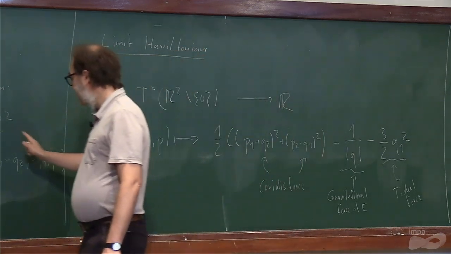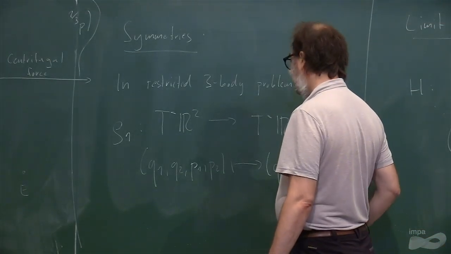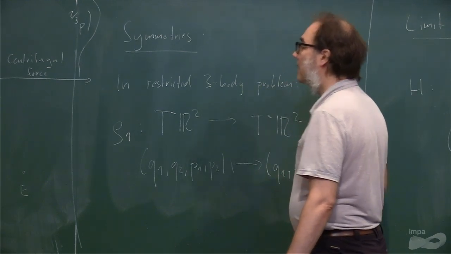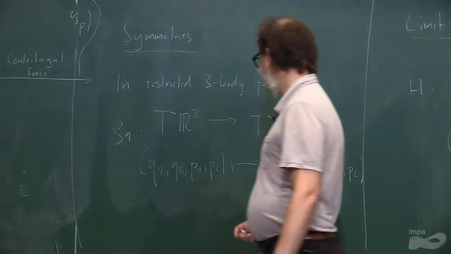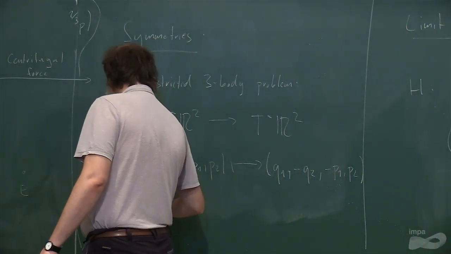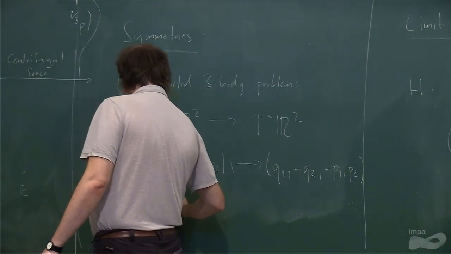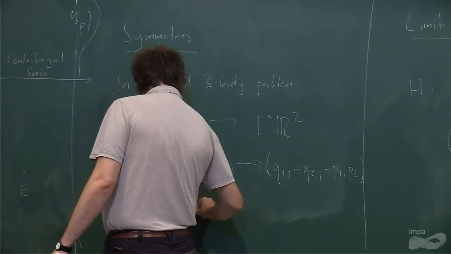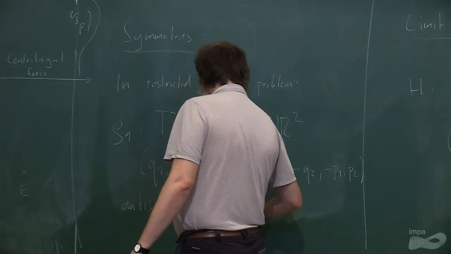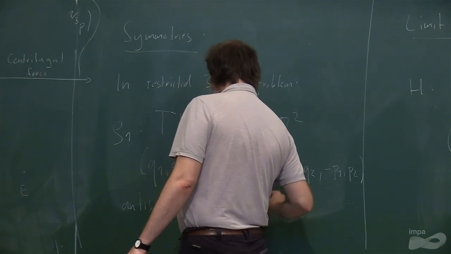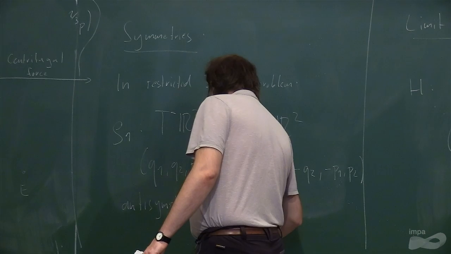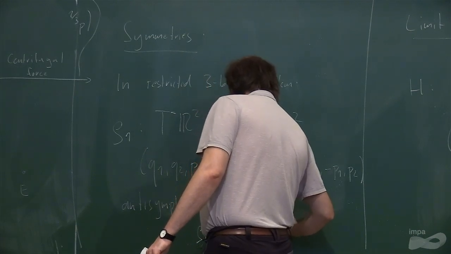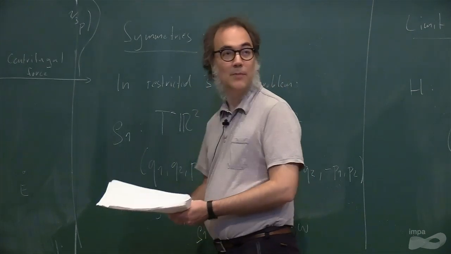So under this antisymplectic involution, the restricted three-body problem is invariant. So this is antisymplectic: rho 1 squared is the identity, and if we pull back omega, we get minus omega.